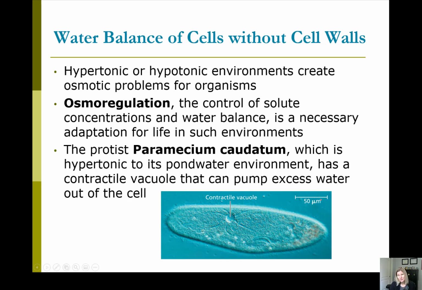They live in pond water, which is a freshwater environment. So the water concentration is higher outside of this unicellular creature than inside, so water is going to want to come in, right? So that contractile vacuole is useful to pump that excess water out to help maintain enough of a balance that it can survive.